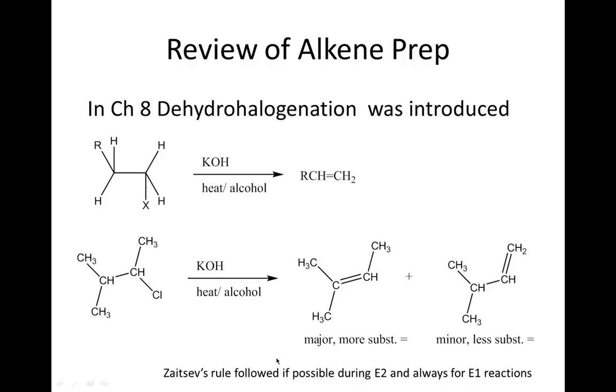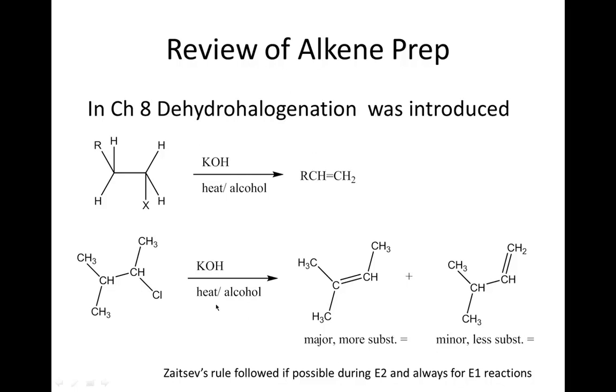Now, we looked further in chapter 11 at the mechanism of this reaction, which could be either E2 or E1. And when we learned about that, we learned that sometimes this business of making the more substituted alkene doesn't necessarily always happen if the reaction is going through an E2 elimination. It will always happen that way if it's an E1.